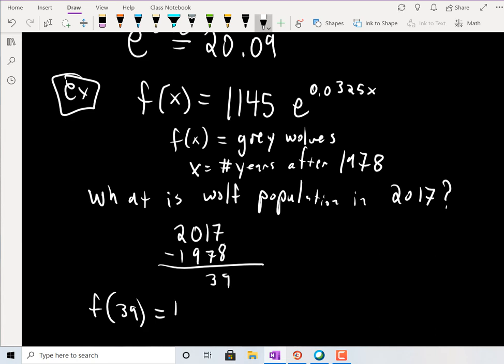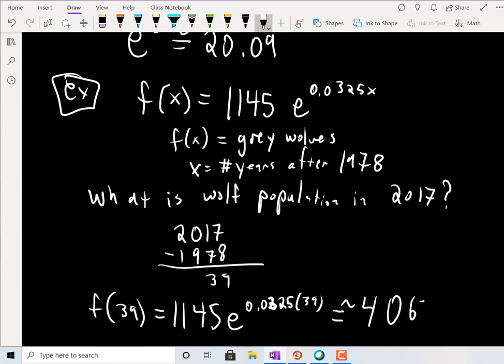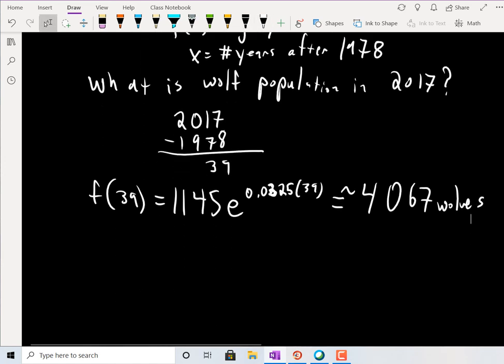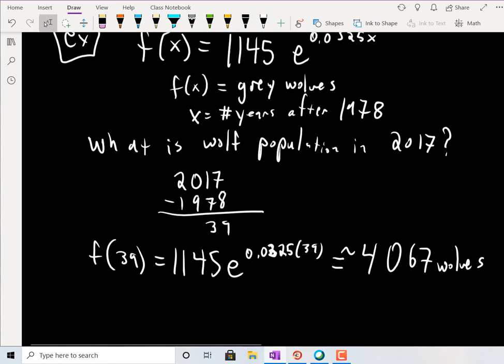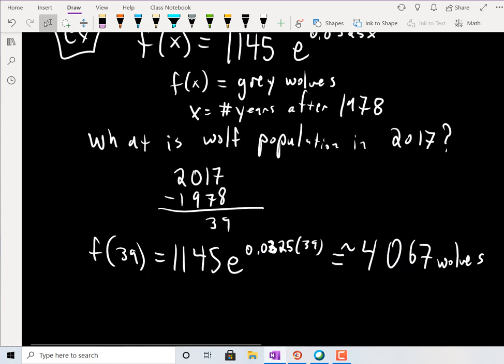You have to be able to put this into your calculator: 0.0325 times 39. If you do it, you will get about 4,067 wolves. So biology, certainly, it's going to come up there.